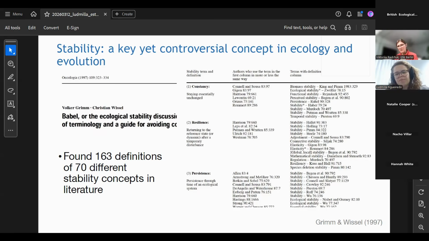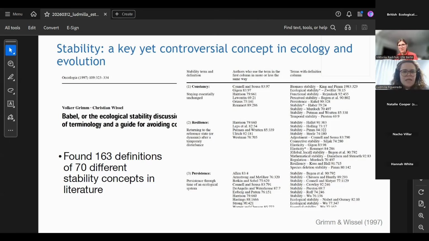And this was part of our motivation, right? Because even when I was writing the paper, whenever I would talk to people, oh, I'm writing this package about stability, they would always come with a preconceived notion. Oh, it's resilience, then it's this or that.